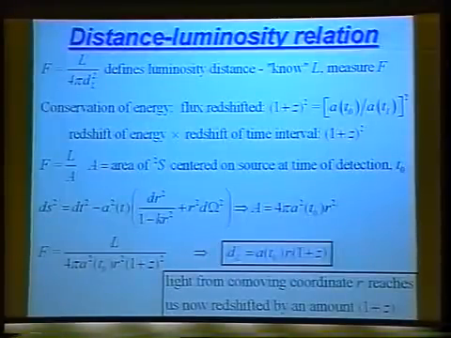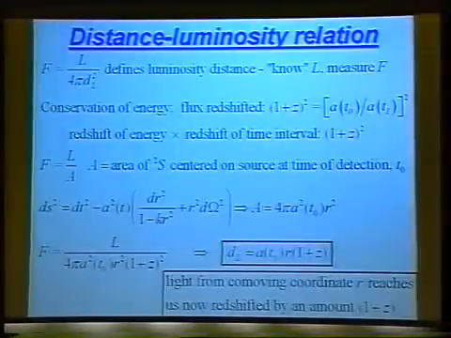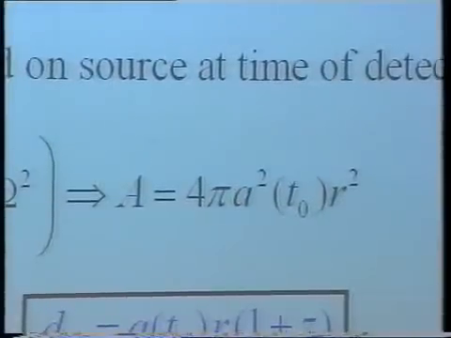And this area can be determined by the Robertson-Walker metric, and it depends upon the expansion of the universe. So the Robertson-Walker metric is written in the form that we wrote before, and this would tell you that the area of a two-sphere is 4 pi a squared times r squared.